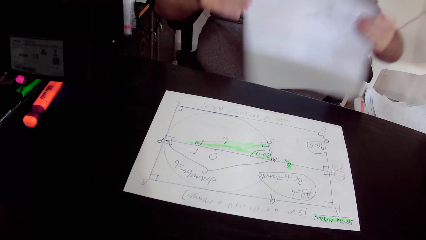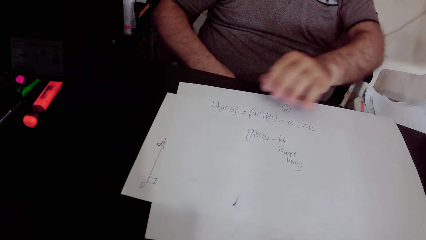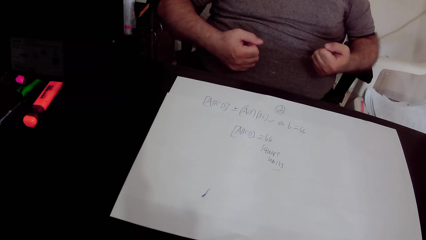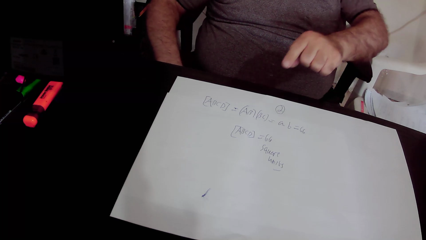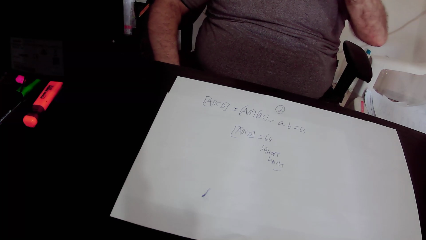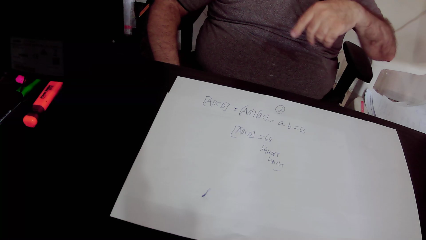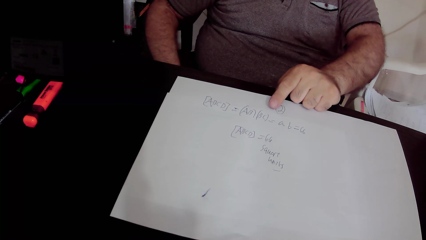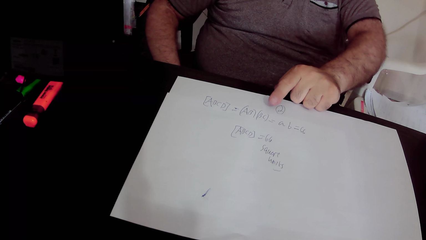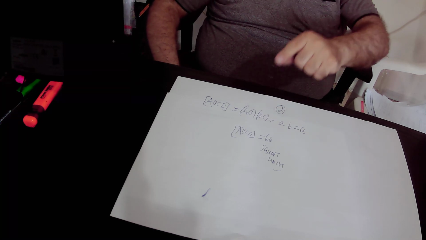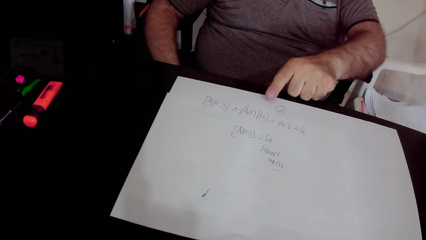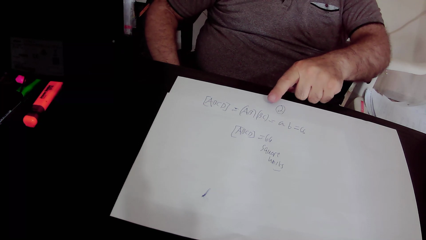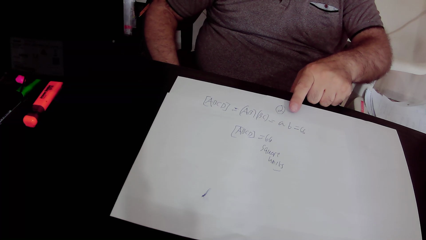So here we have the area of rectangle ABCD equals the length of the rectangle, that is AB, times the width of the rectangle, that is BC. So AB times BC is the length times the width. AB equals A according to our definition, and BC equals B according to our definition.